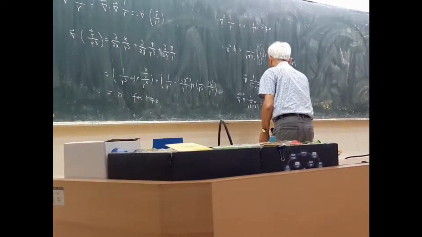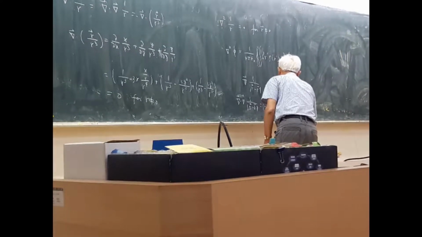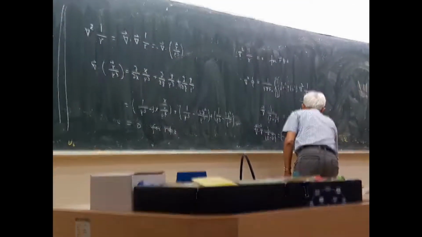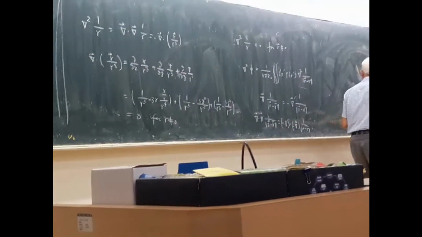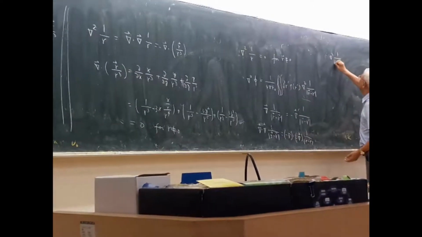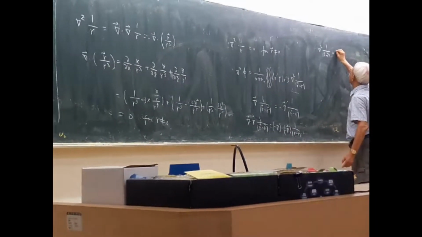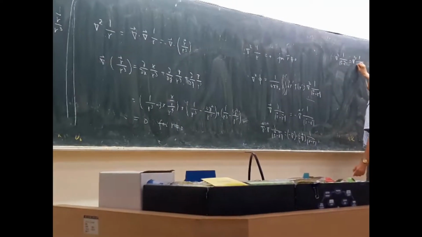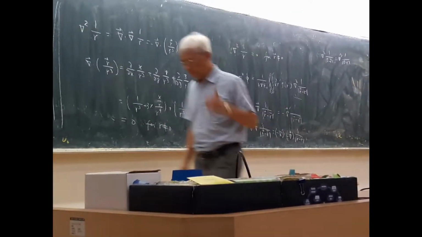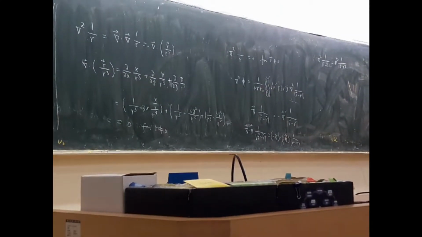This is equal to minus the prime dot minus gradient. So the point is, the Laplacian with respect to r is the same thing as with respect to r prime. That's a simple fact, because r and r prime have opposite signs.